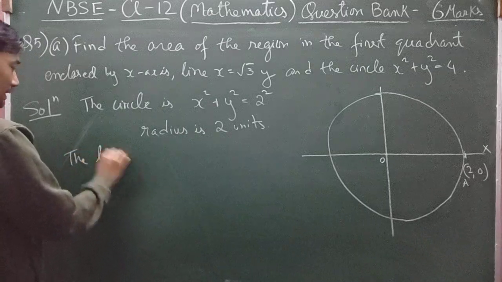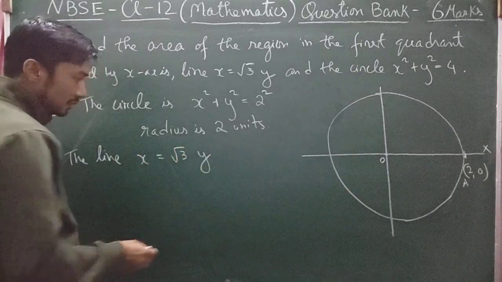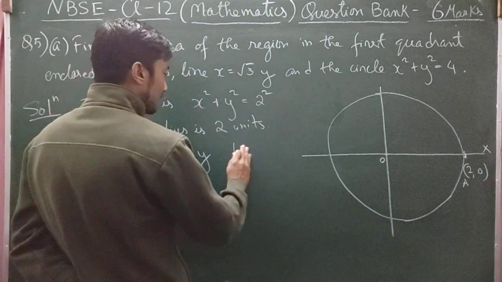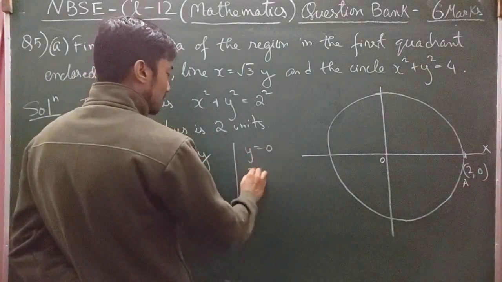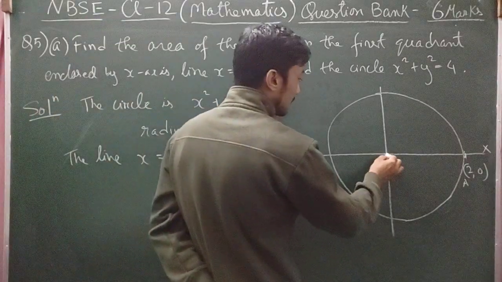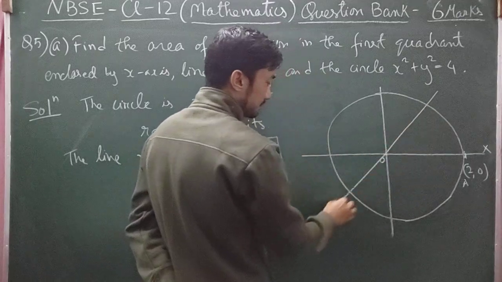The line given is x equal to root 3 y. If y equal to 0, then x is also equal to 0. That means this is a straight line that passes through the origin, something like this.